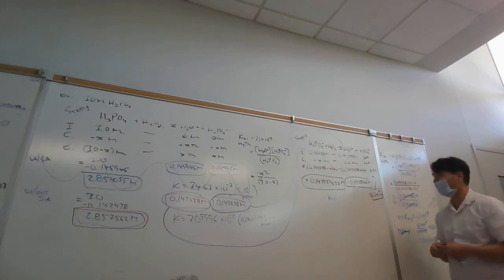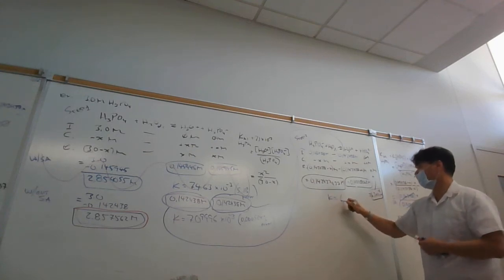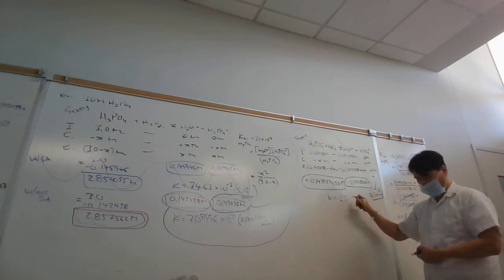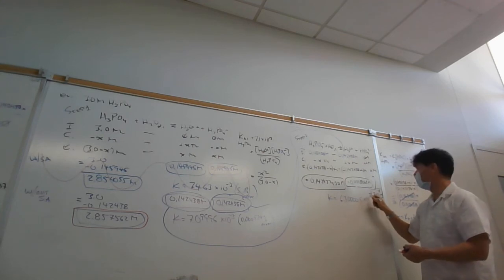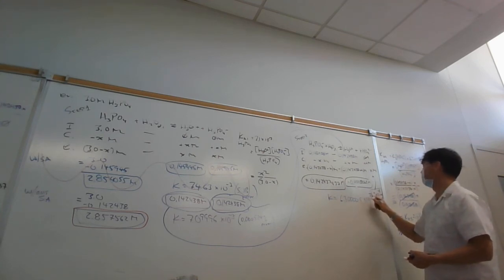And the K value I calculated is 6.3000005 times 10 to the minus 8.